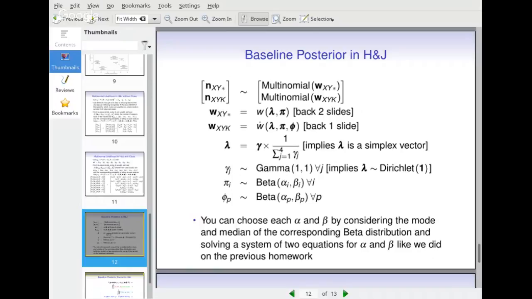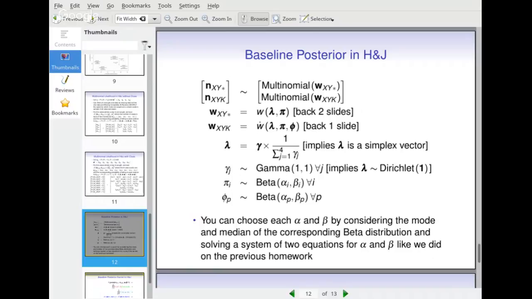And now you've closed it off. You have a likelihood that depends on W. You have a function that tells you the W's that involves lambda, pi, and sometimes phi. You have an expression deterministically relating lambda to gamma. You have prior beliefs about gamma, which is a gamma prior. And you have prior beliefs about pi, which is a beta prior. You have prior beliefs about phi, which is also a beta prior.